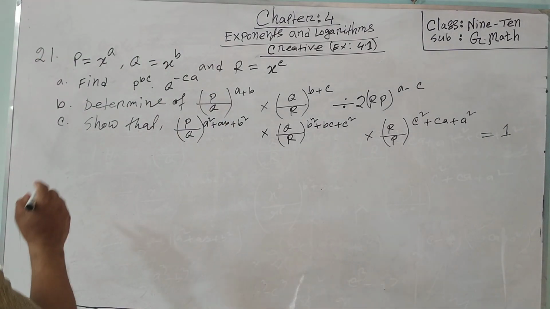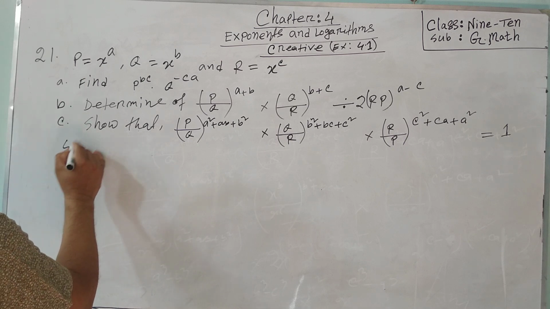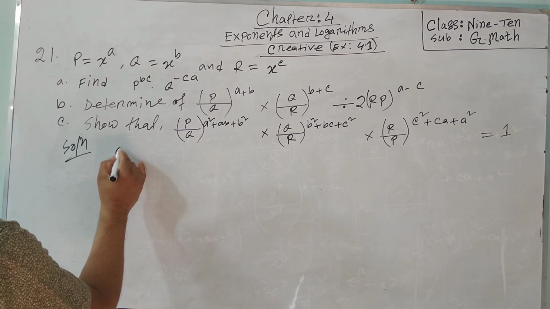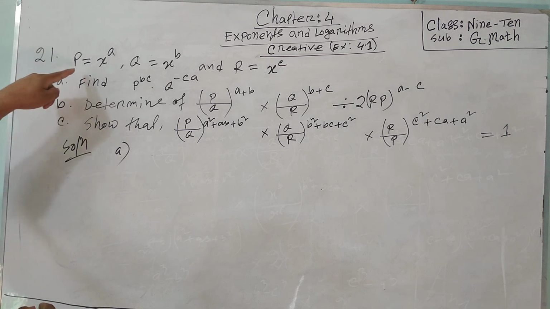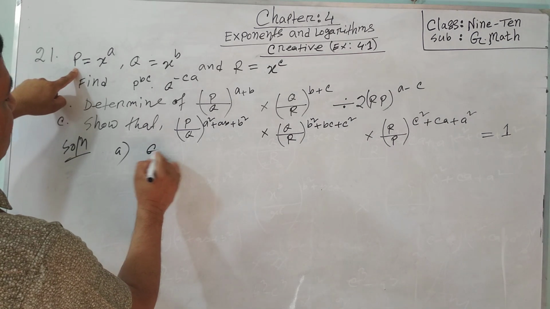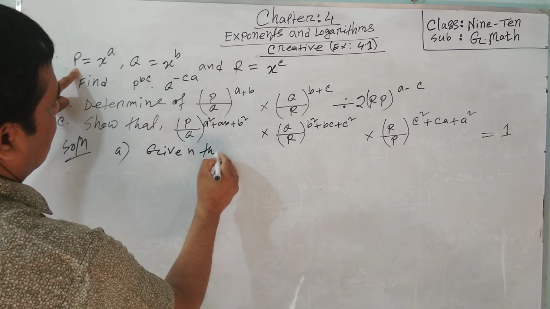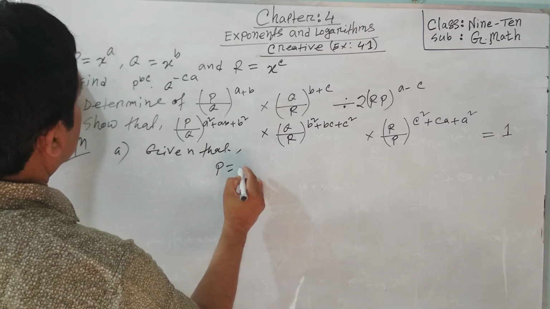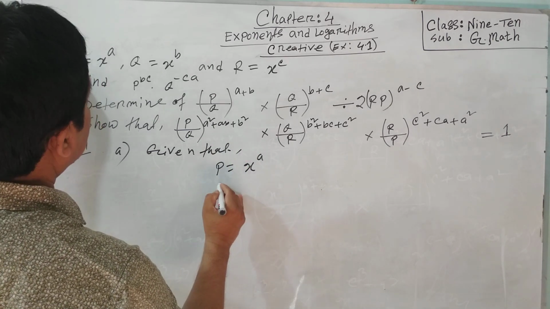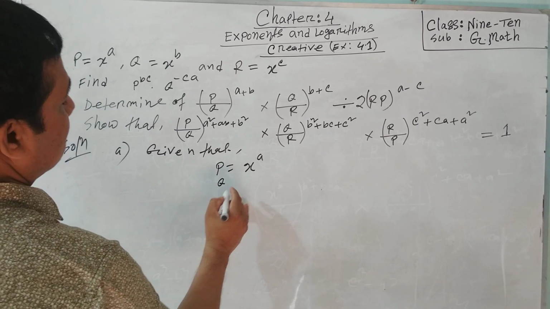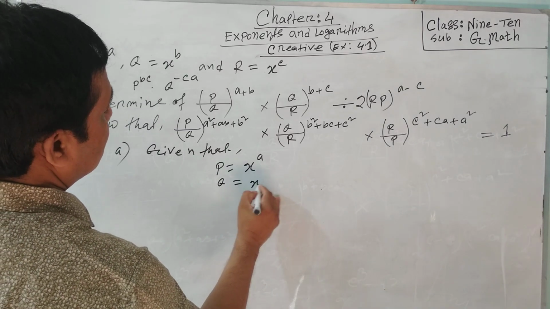How do we solve this? Creative a. Given that p equals x to the power a, q equals x to the power b.